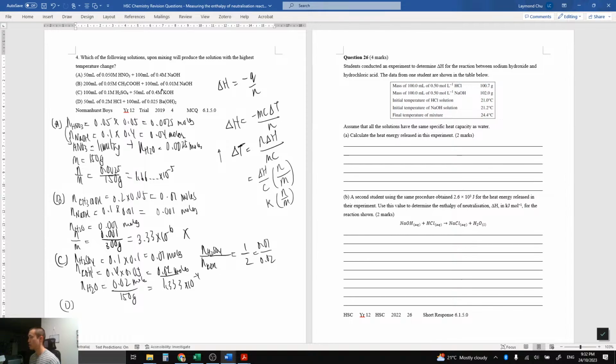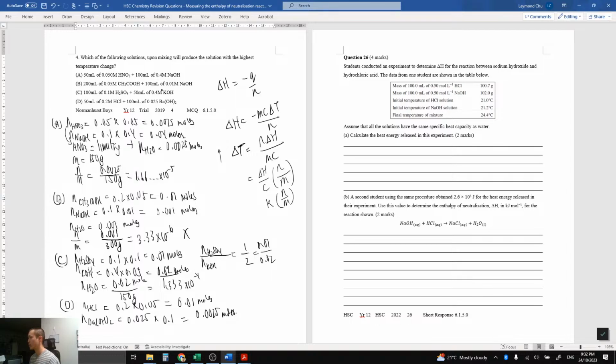And then D, the moles of HCl equals 0.2 times 0.05, which is 0.01 moles, and the moles of our Ba(OH)2, 0.025 times 0.1, 0.0025 moles.